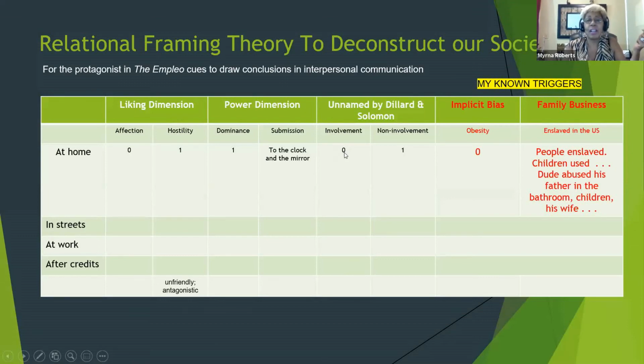I didn't see any involvement, and I saw non-involvement, so I put a 0. There weren't any fat people or obese people in there, but I said people looked enslaved to me. The children were enslaved, and the man abused his family in the bathroom. His daddy was enslaving his children, his wife.